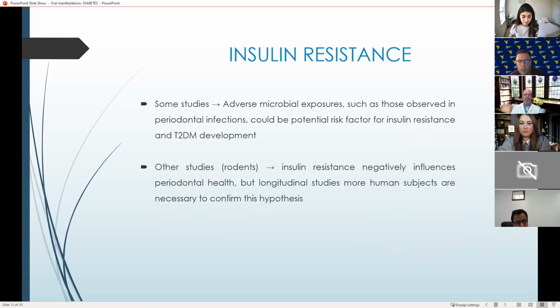Next, regarding the second mechanism mentioned, which is insulin resistance, some studies have established the potential for periodontal infections to contribute to insulin resistance and the development of type 2 diabetes. One specific causal pathway linking infections and type 2 diabetes risk is chronically elevated systemic inflammation.